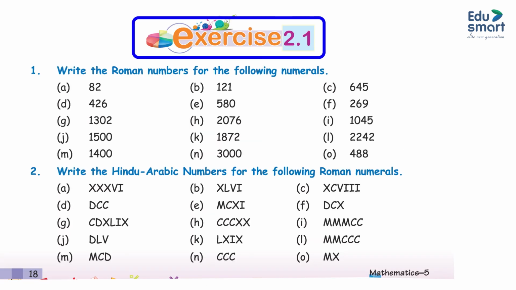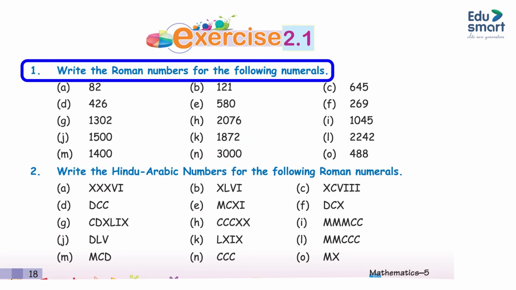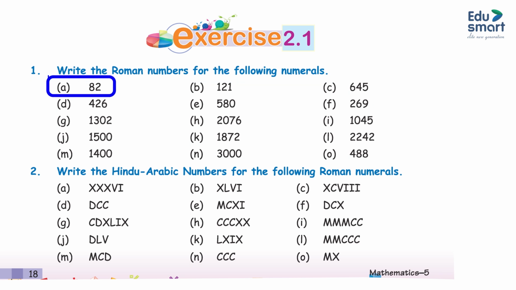Exercise 2.1. 1. Write the Roman numbers for the following numerals. A. 82. B. 121. C. 645. D. 426. E. 580. F. 269. G. 1302.